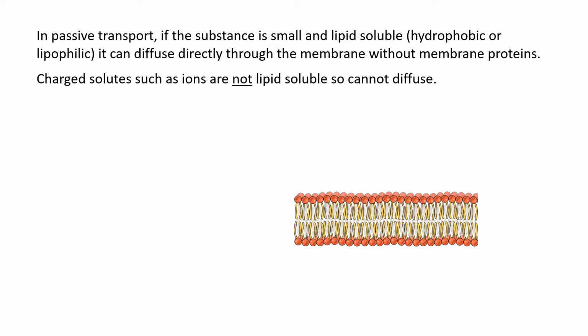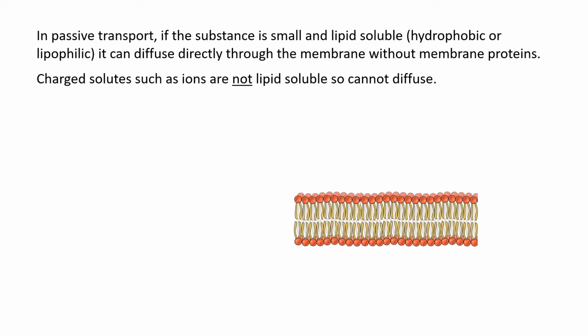In passive transport, if the substance is small and lipid soluble, so it has to be hydrophobic or lipophilic, it can diffuse directly through the membrane without any plasma membrane proteins. This doesn't apply to charged solutes.